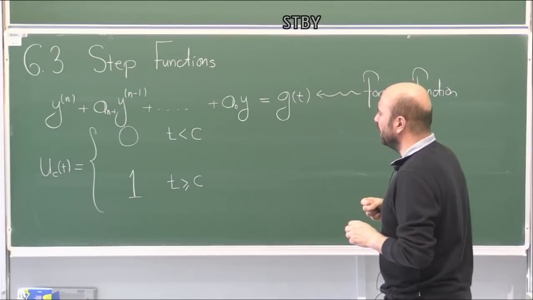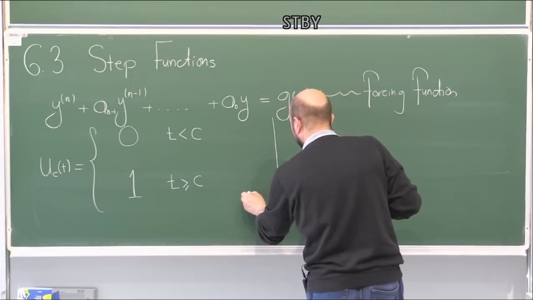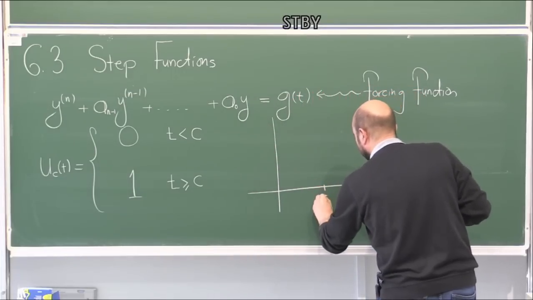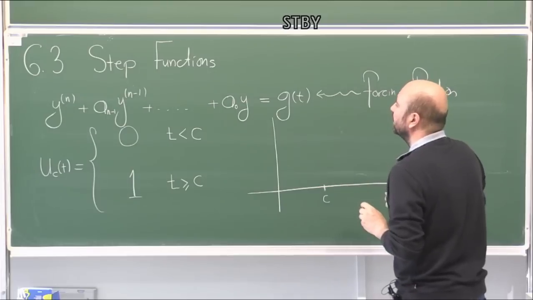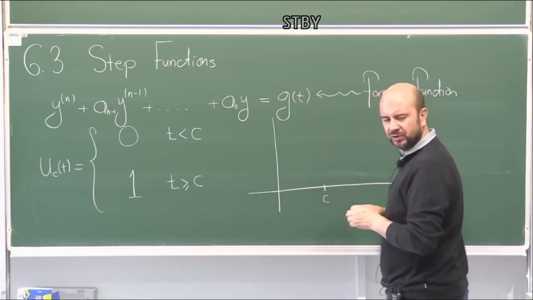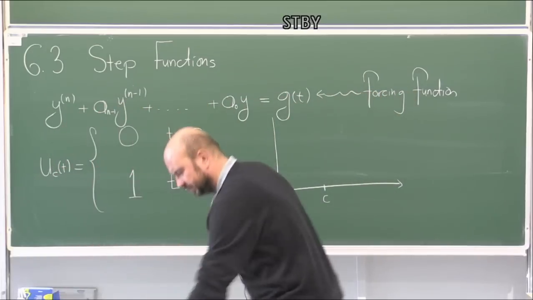Now, how is the graph? There is the c here, which is the important thing for using the step function. Until c, this function comes as 0.